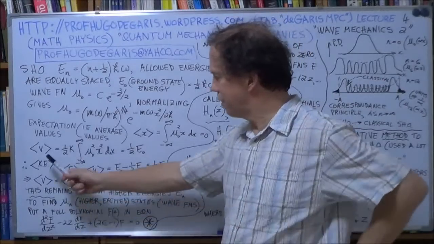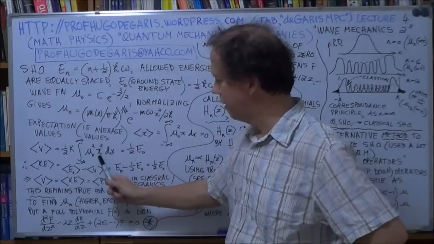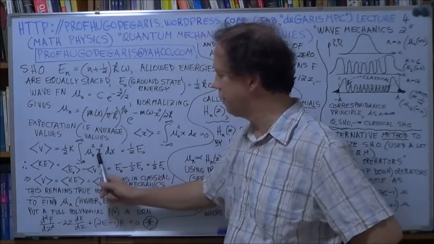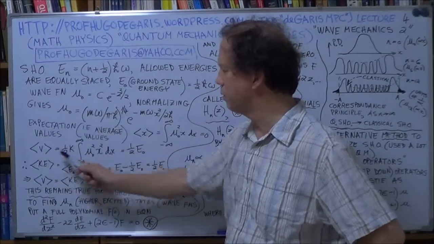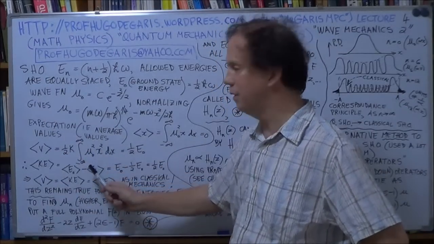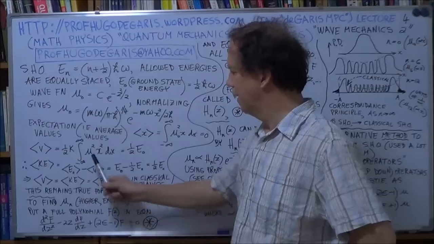So the average of V, well, here's half k x squared. That's the thing you're trying to average, and your probability distribution is just U naught squared. Oh, we're talking about the ground state, right? The average value of the potential energy for the ground state.